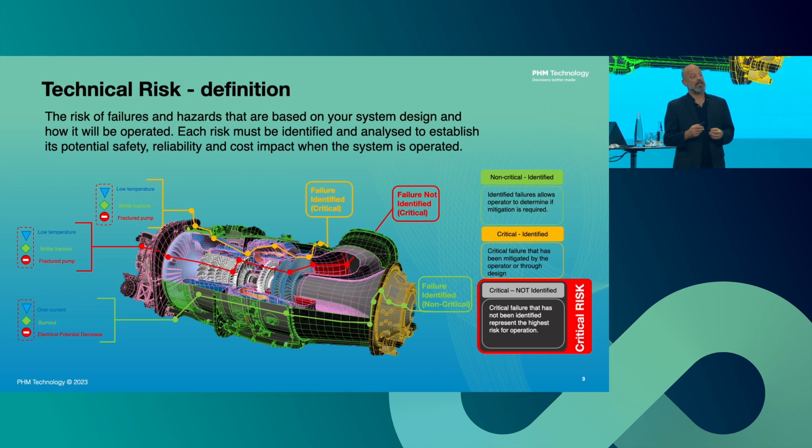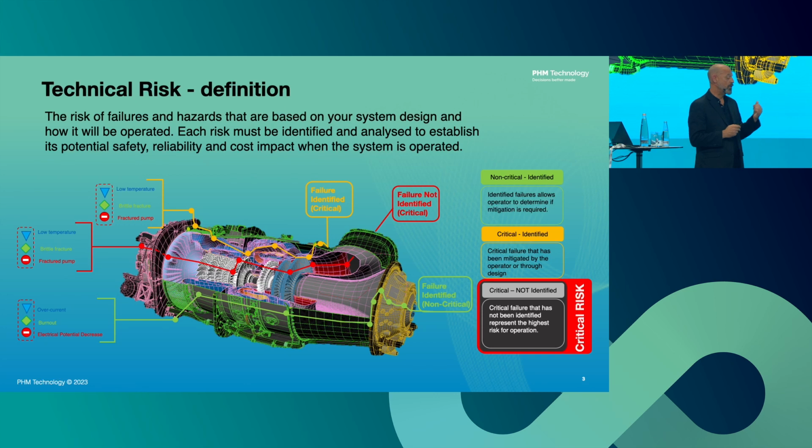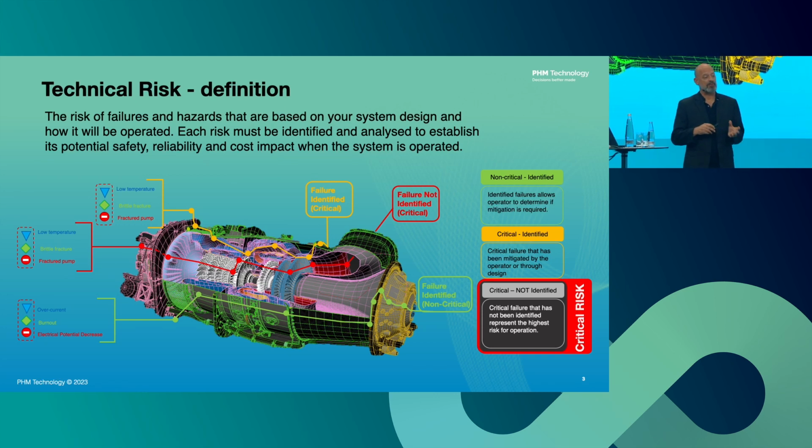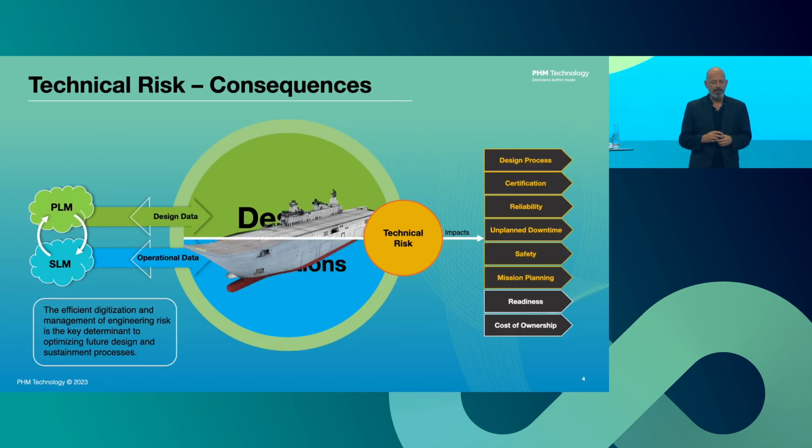It's those failures that tend to cause the most heartache in a system. If you don't have a ready mitigation for that unidentified risk, you then have to try and remediate that during operations, and that's typically much more expensive than if you had addressed it during the design phase. So what we want to do is understand the consequences of that risk.